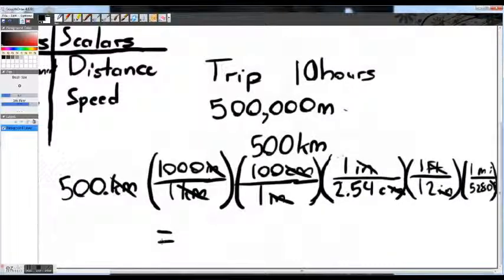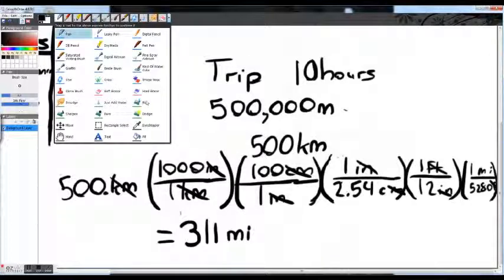So we take that 500,000, multiply by 100 to get the number of centimeters, divide by 2.54 to get the number of inches, then divide by 12 to get the number of feet, then divide by 5,280 to get the number of miles, and we have a trip of 310.6855961119, which will be 311 with 3 significant figures, miles. Okay, well that sounds like a reasonable trip, sort of.